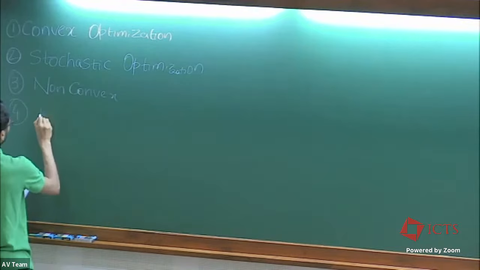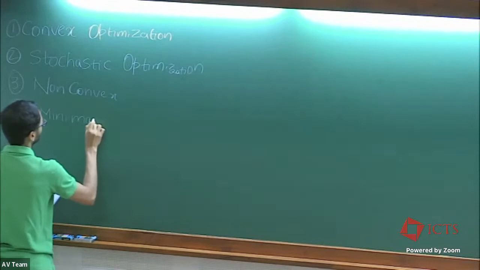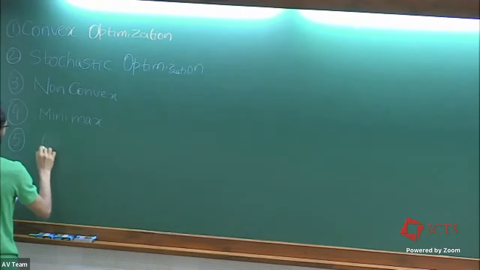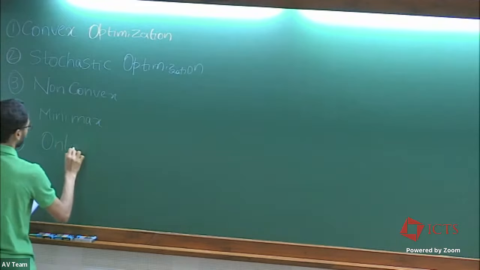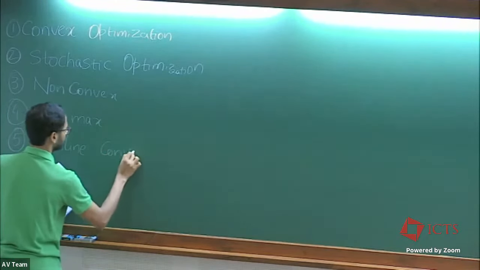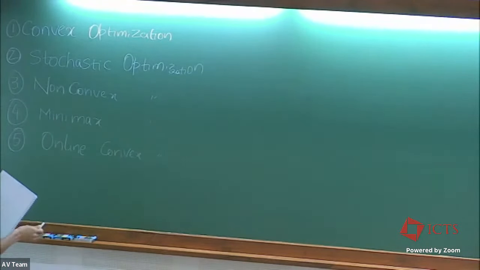Then something called minimax optimization. And finally, something called online convex optimization. Roughly, we can think of each lecture as covering one particular part, and today we'll start with convex optimization.